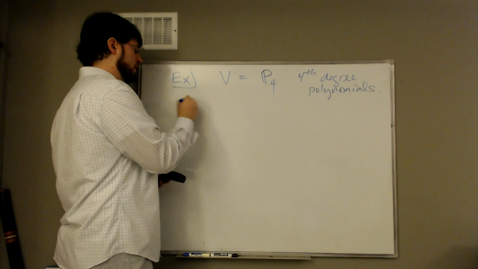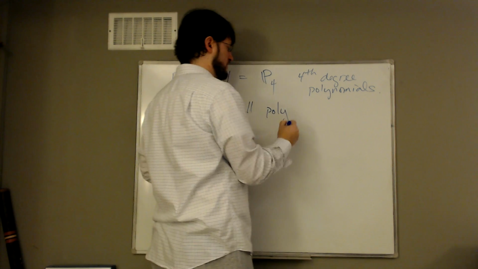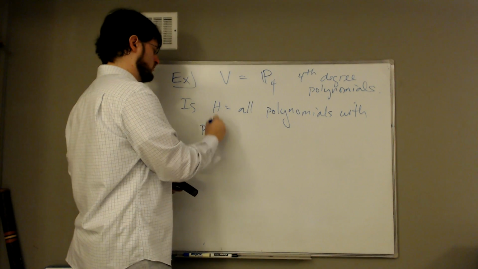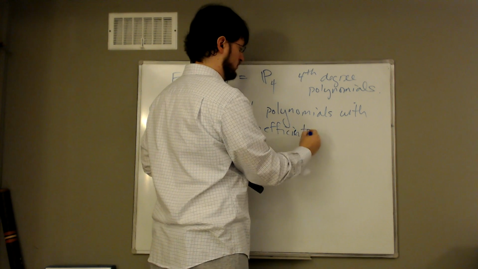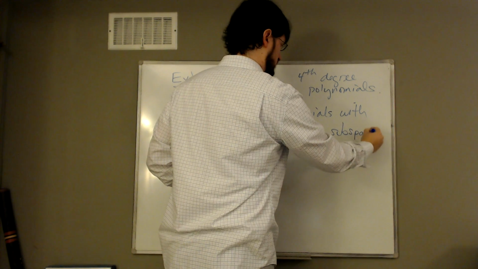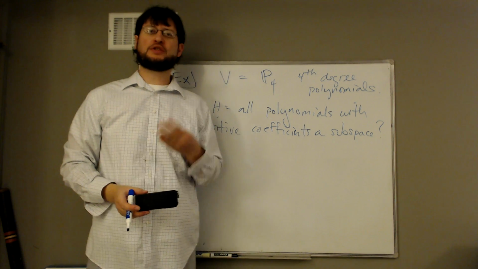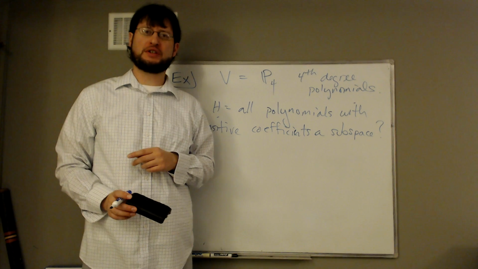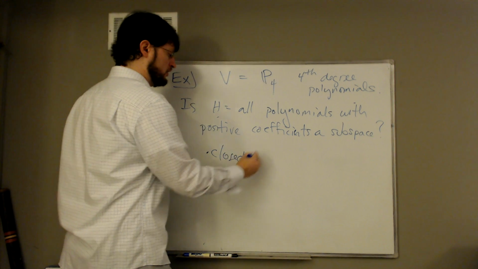Our question is, is H equal to all polynomials with positive coefficients a subspace? Well, it is closed under addition, because if I take two fourth degree polynomials and add them up, if both of those polynomials have positive coefficients, then after I add them up, they still have positive coefficients. So it is closed under addition.